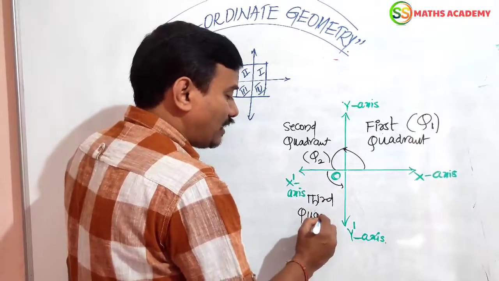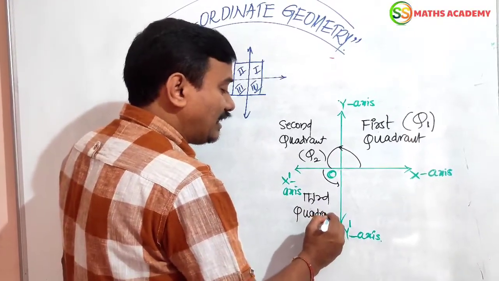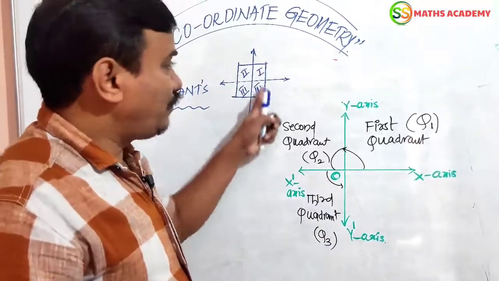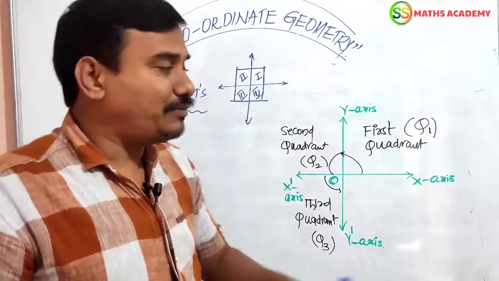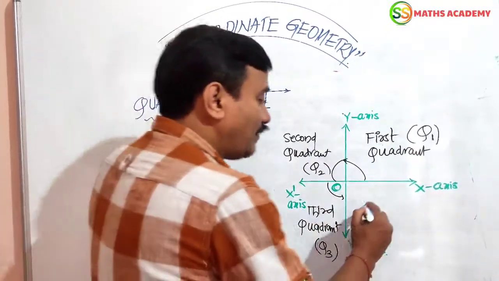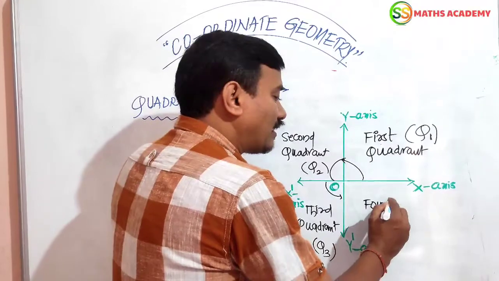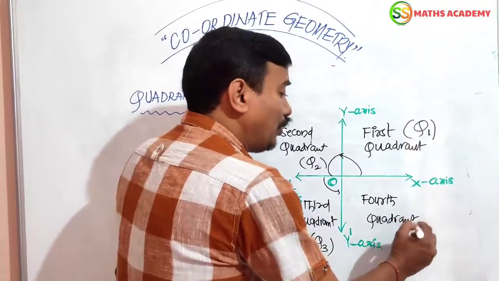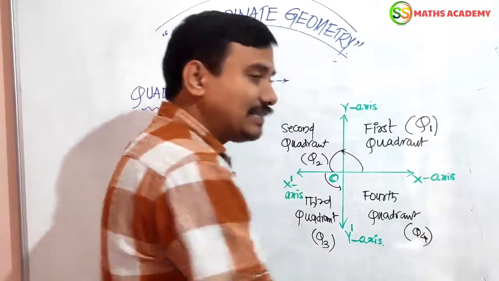So every two coordinate axes will divide the plane into 4 equal regions. These 4 equal regions have special names, nothing but quadrant 1, quadrant 2, quadrant 3, and the final one, fourth quadrant, denoted by Q4, right?